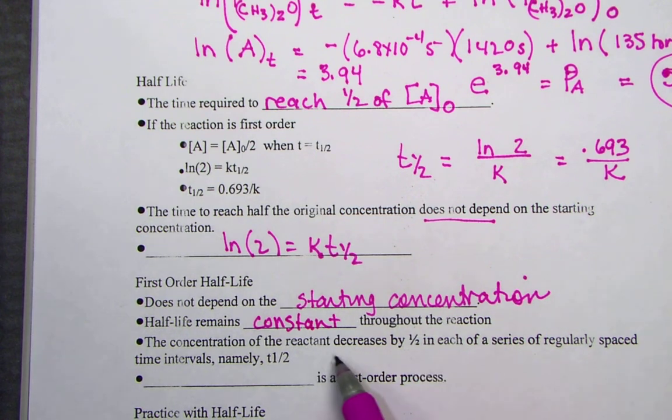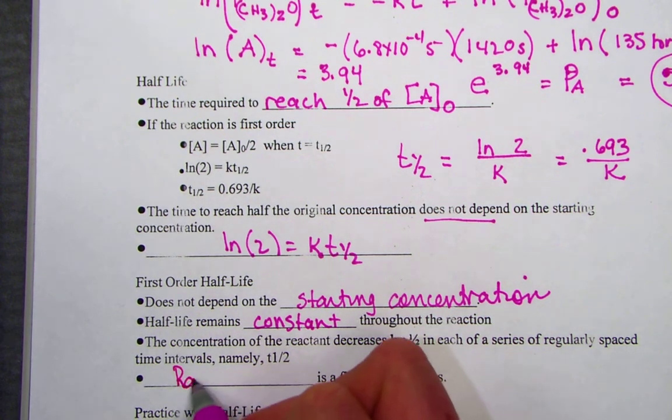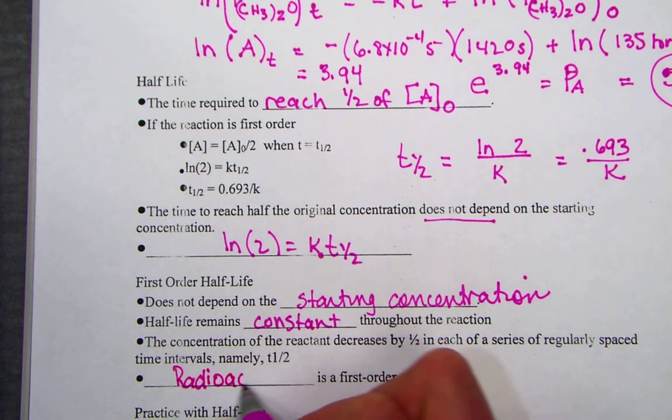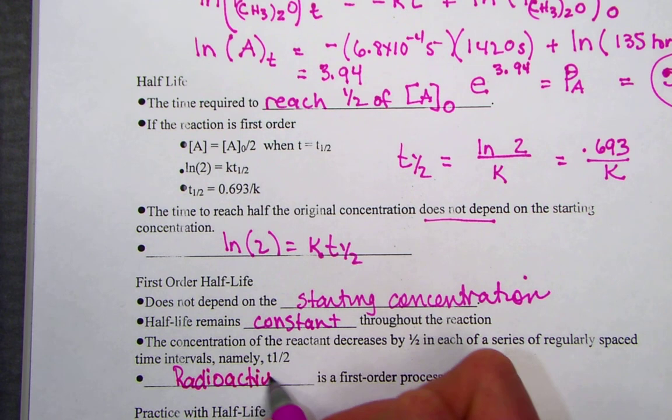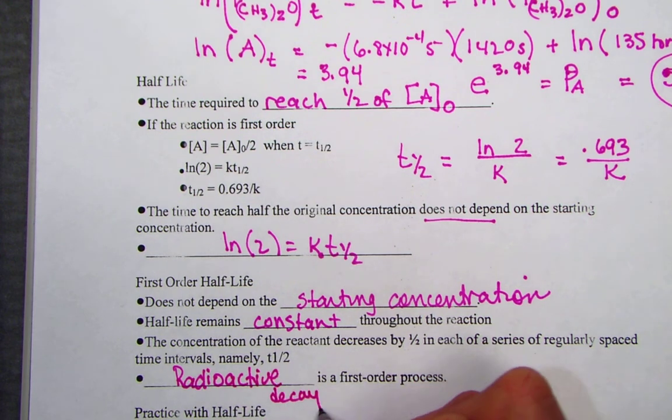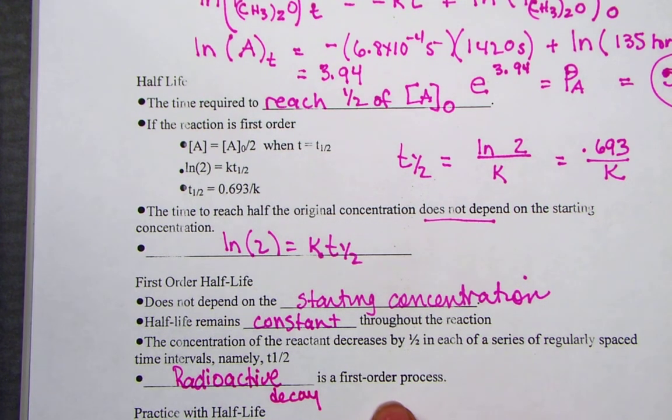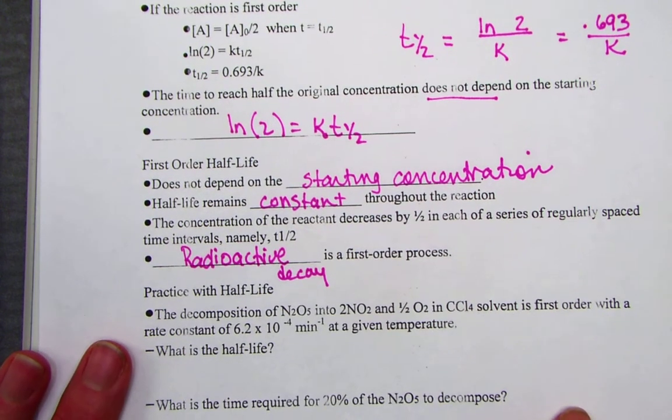So the concentration of the reactant decreases by 1/2 in each of a series of regularly spaced time intervals, namely t 1/2. Radioactive decay is a prime example in a nuclear reaction. The more stable an isotope, the longer its half-life. The quicker the half-life, the more unstable that radioactive decay. So let's do a little practice here.